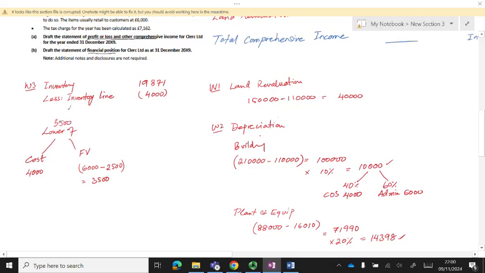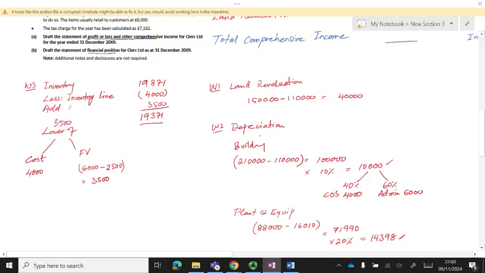So we need to add 3,500 into it. Oh, no brackets. It becomes 19,371. So this is the value of the closing inventory.